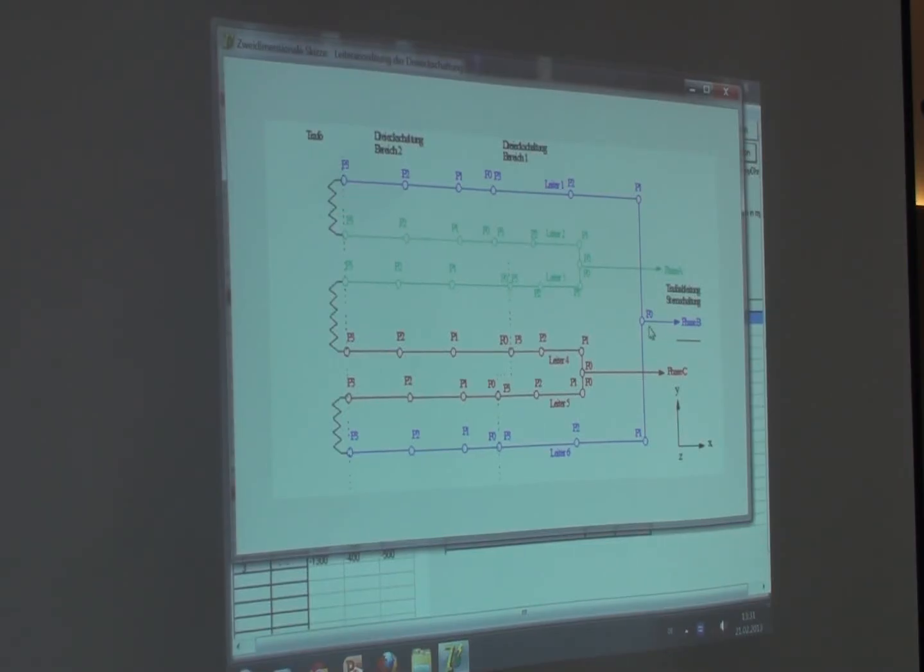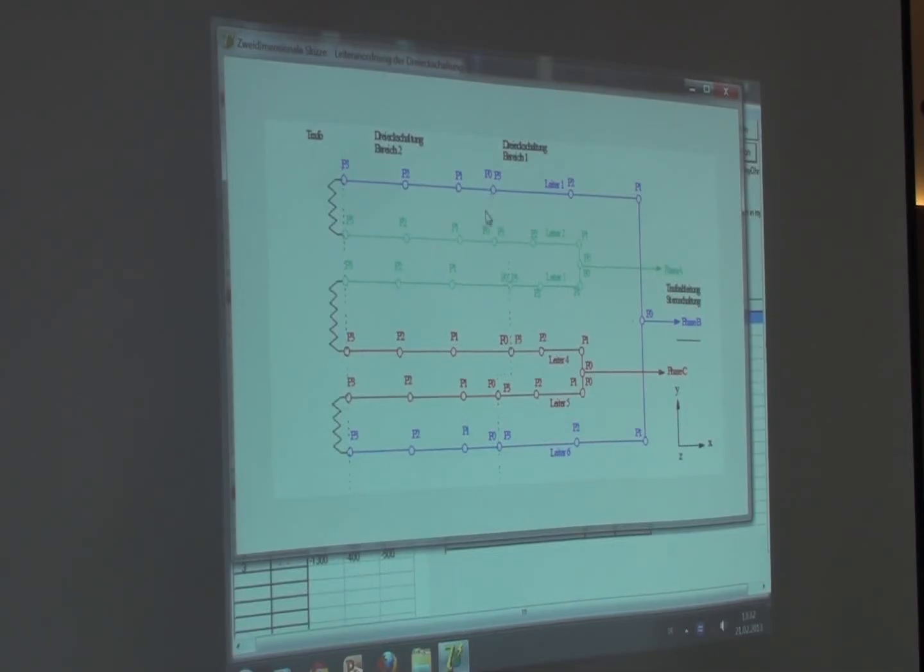This is important for you if you use this. In the first step, we start here in phase B, we give this value, and in the second step we give this value, and in the third step we give this value. These are the first steps.